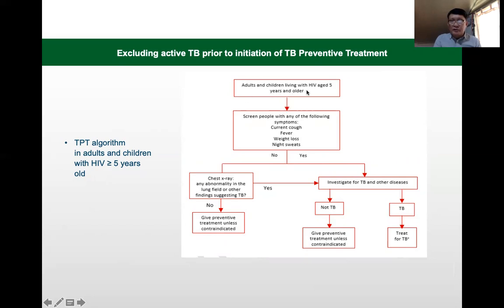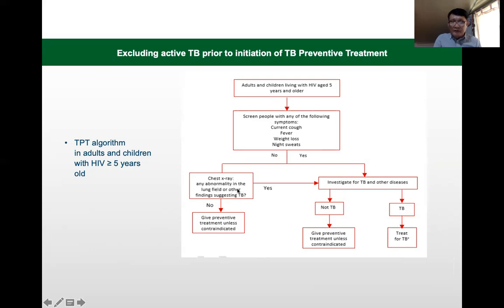So if you have adults or children living with HIV aged 5 years old and older, you screen people with any of the following symptoms. Our cardinal signs and symptoms for TB will be at least 2 weeks or more of current cough, fever, weight loss, night sweats. If there are no signs and symptoms, that means we can now do a chest x-ray, okay?